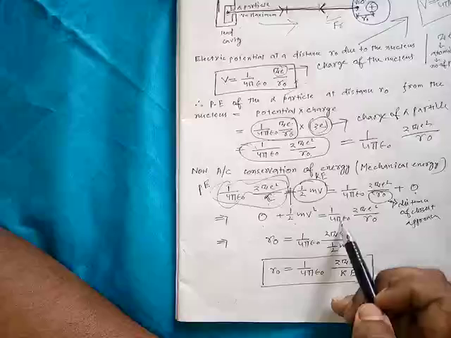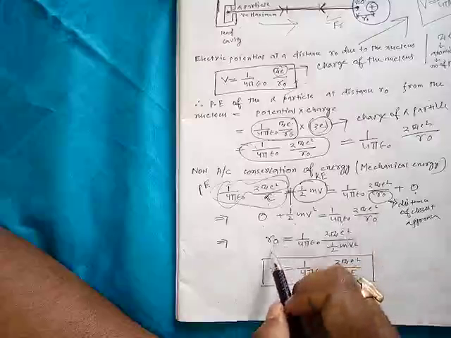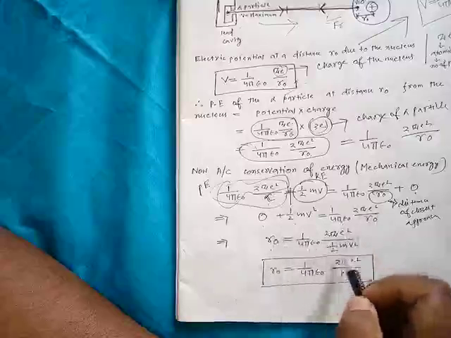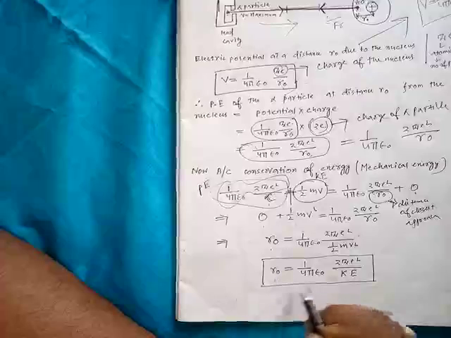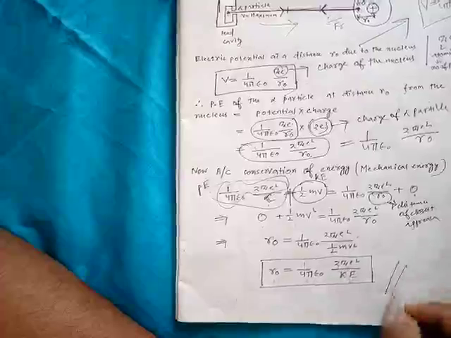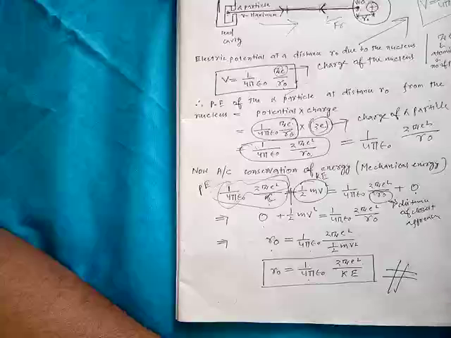What is left? 1 by 4 pi epsilon naught twice z square by r0. So what will be r0 from this formula? From this equation, 1 by 4 pi epsilon naught twice z square by half of mv square, or r0 is equal to 1 by 4 pi epsilon naught twice z square by kinetic energy. So this is the expression for what? Expression of distance of closest approach.